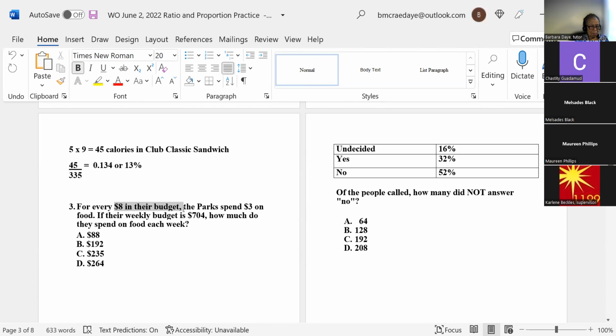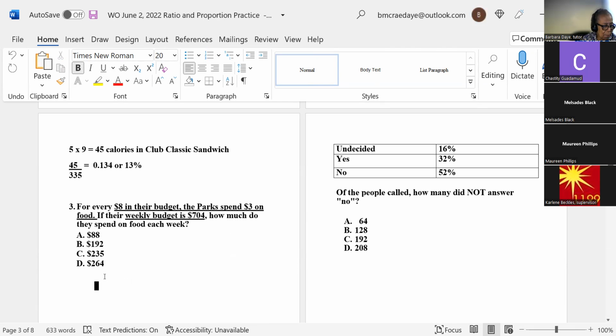Okay, so for every $8 in their budget, Park spent $3 on food. So let's underline that. Now, if the weekly budget is 704, let's underline. How much do they spend on food each week? Now, Mercedes, how would you set up the ratio?